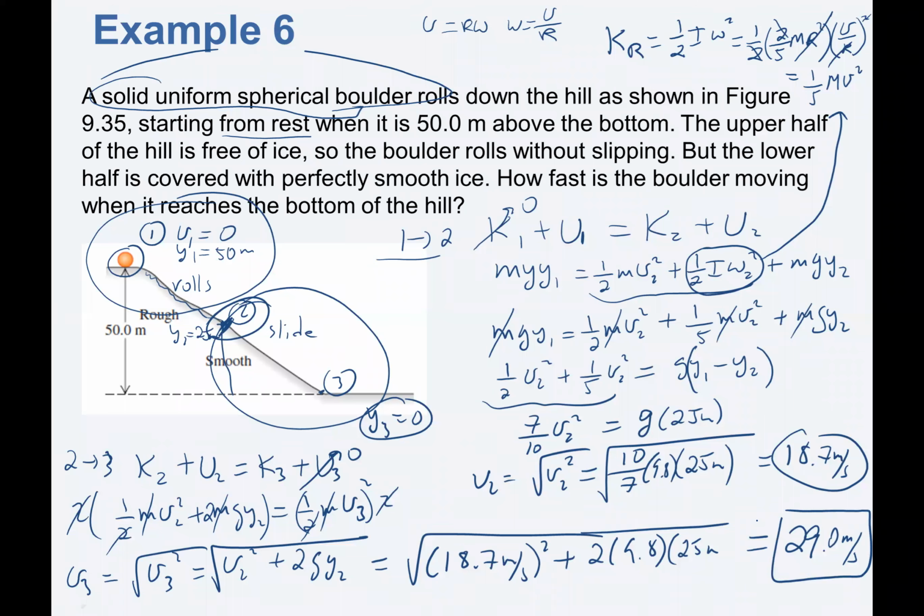All right. So you can see, to make this problem a little more interesting, half of the incline is rough, with friction. That allows the system to roll.